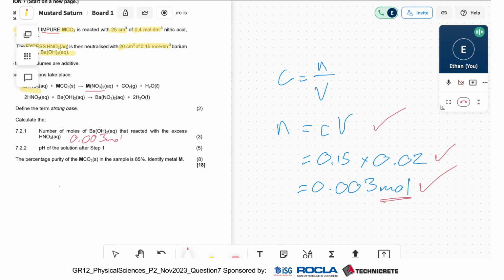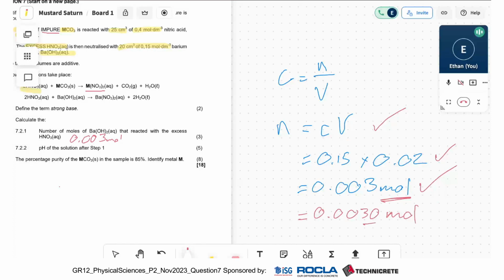You always want to include units, and you want to include the correct number of significant figures in your answer. Technically, maybe for this question, the correct number of significant figures would actually be 0.0030 molar, because we have 2 significant figures initially in the numbers we substitute in.